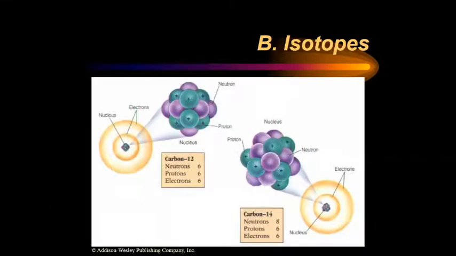This is looking at two of the isotopes of carbon. It's not the only two. Carbon-12 is our typical carbon. It's got 6 neutrons, 6 protons, 6 electrons, because if they give you carbon-12, you can look at your periodic table. You would find carbon, and carbon's atomic number is 6.